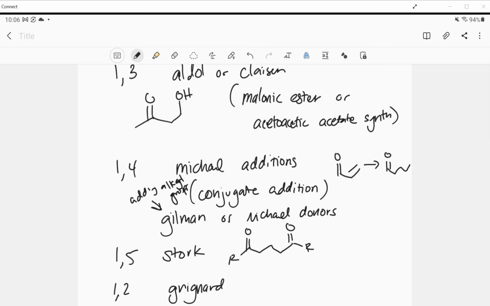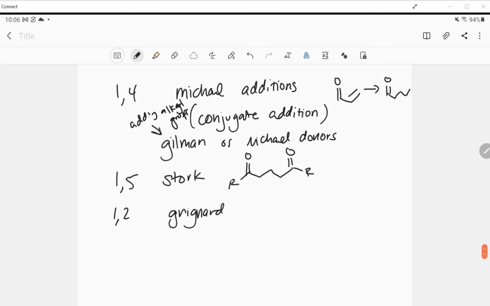You could also have a Michael addition between, let's see, what can we put on here? I don't know. There's just so many you can have with all the different Michael donors. We'll just leave this as is. So those are just conjugate additions through Michael addition.